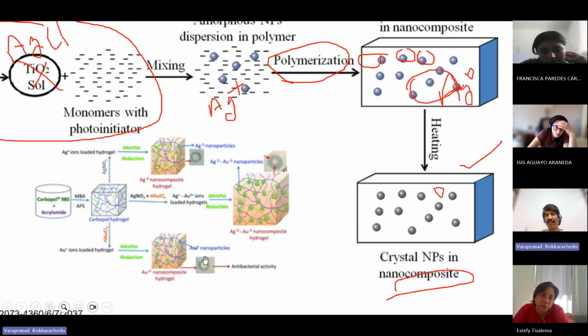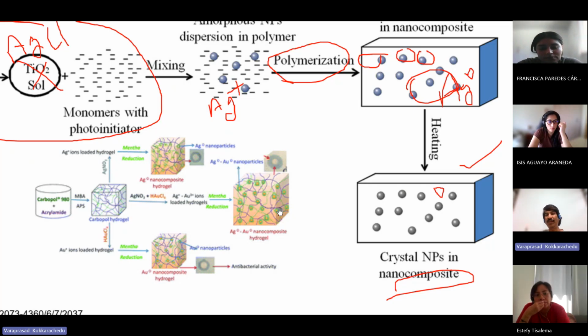Why are people adding two materials compared to a single material? Dual material shows good antimicrobial activity. That's why people always use two or three metals to synthesize one kind of nanoparticle, for better biocidal activity. They show good anti-cancer activity.